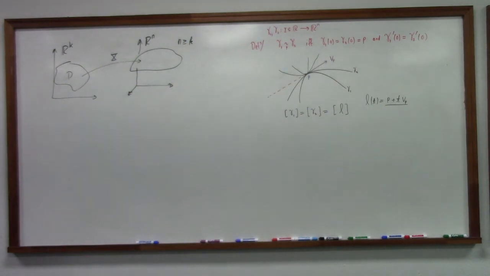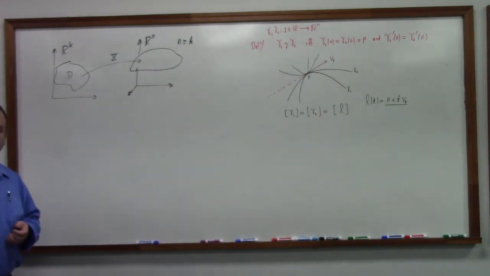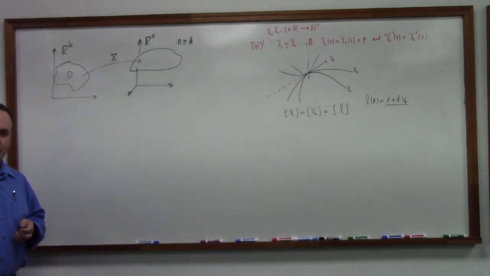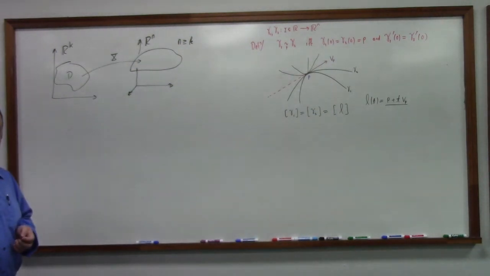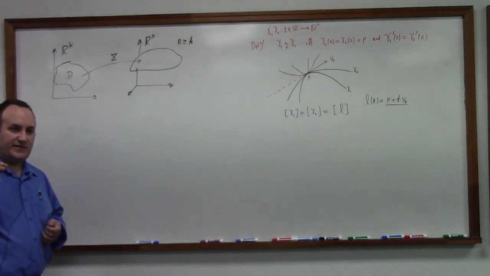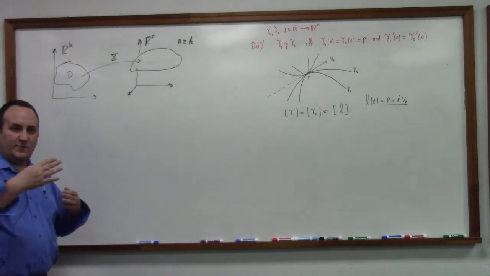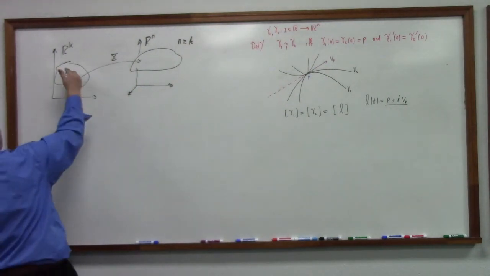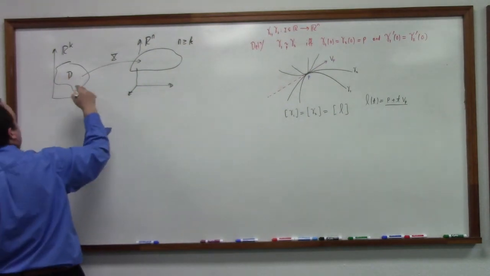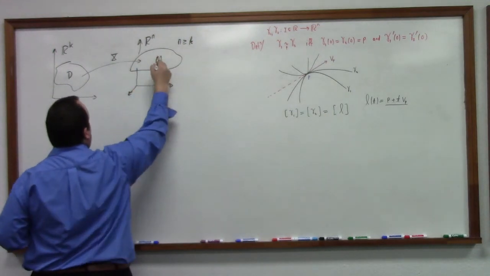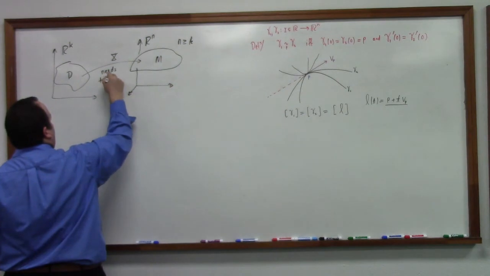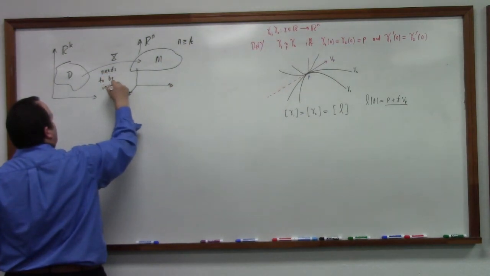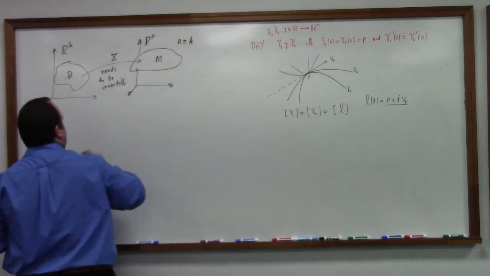Now, in order for it to be a parameterization, what we need is that for every point in the domain of the parameterization, this map has to be invertible. If you can't invert the map, it's not really an honest parameterization, because there should be a one-to-one correspondence between this set D and the thing it's describing, M. So this needs to be invertible, or at least mostly invertible for our purposes.